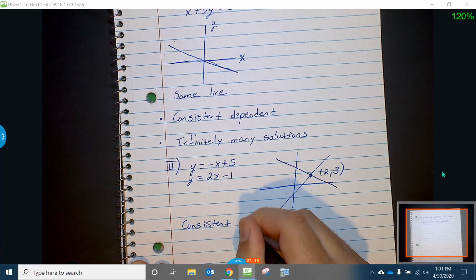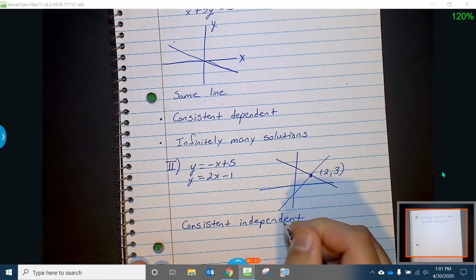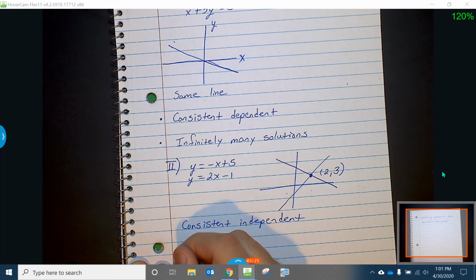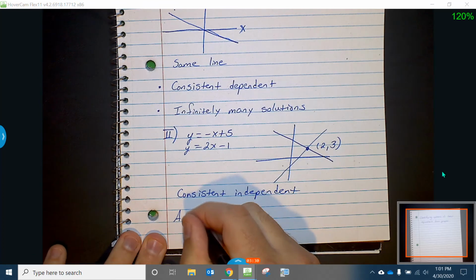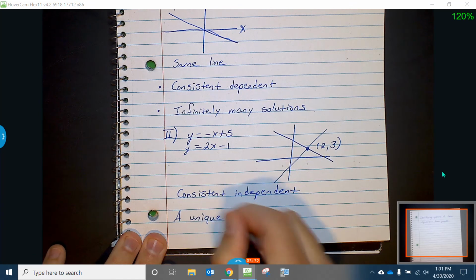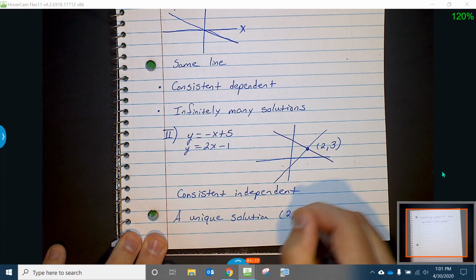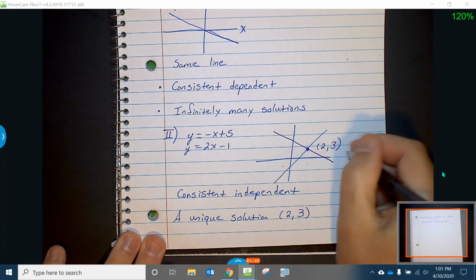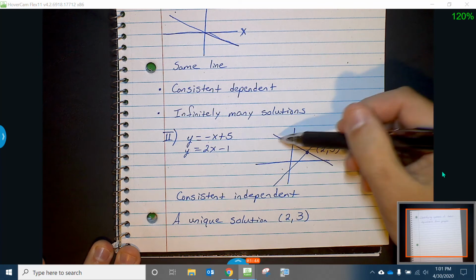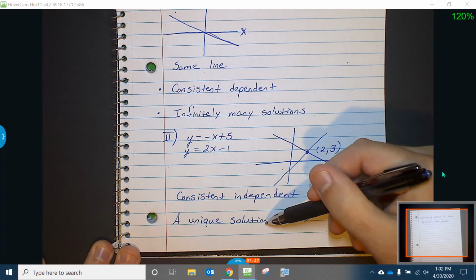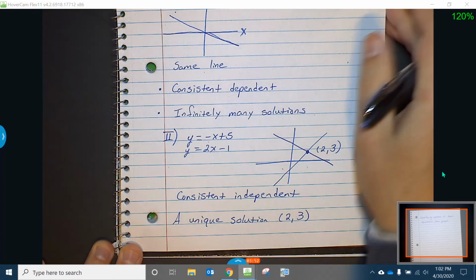But this one's consistent independent, and it has a unique solution, the intersection point 2, 3 right here. So there's our unique solution. So two lines that only touch once, they have one answer. Two lines that are on top of each other, infinite number of solutions.